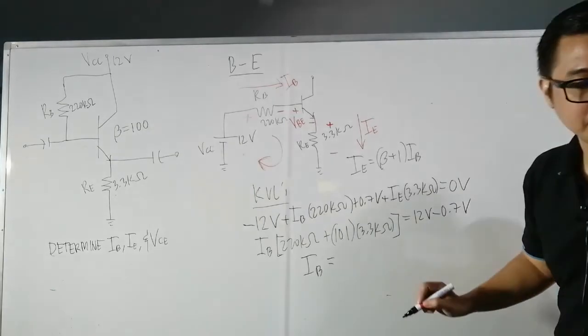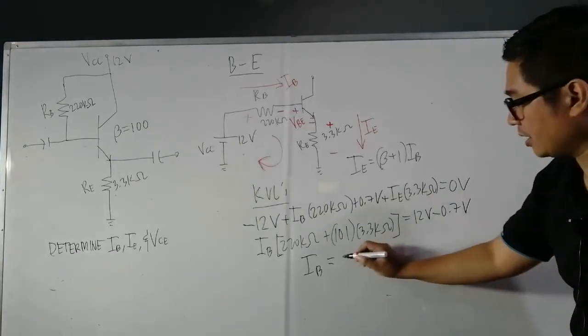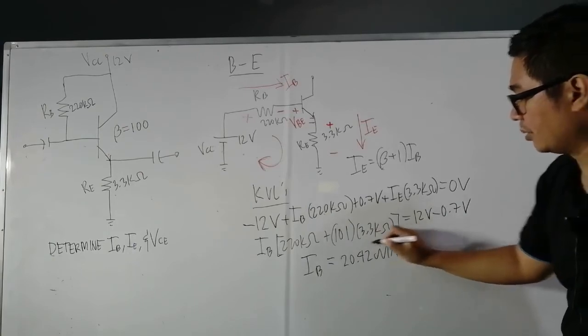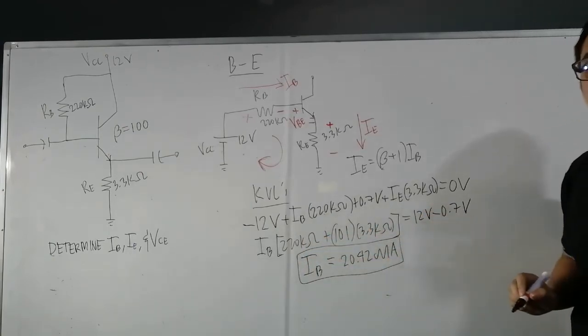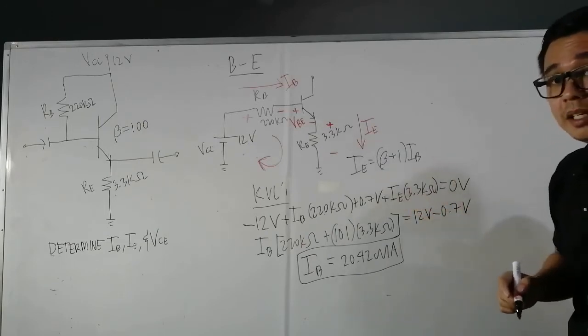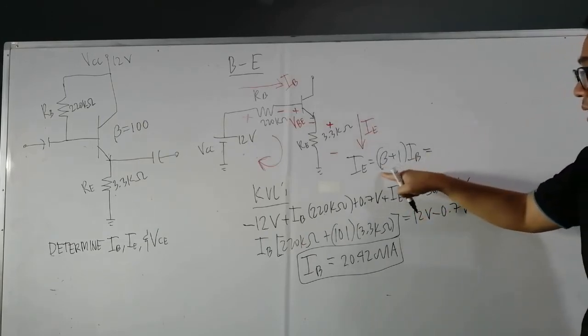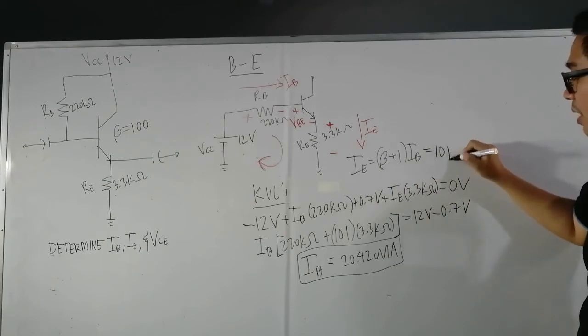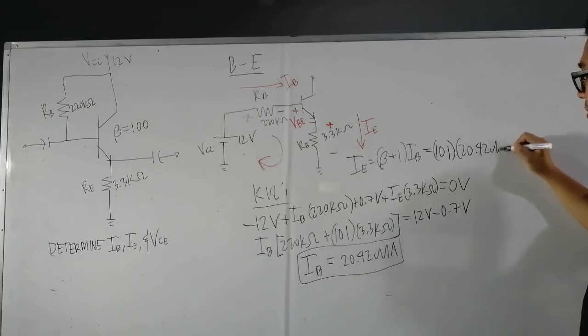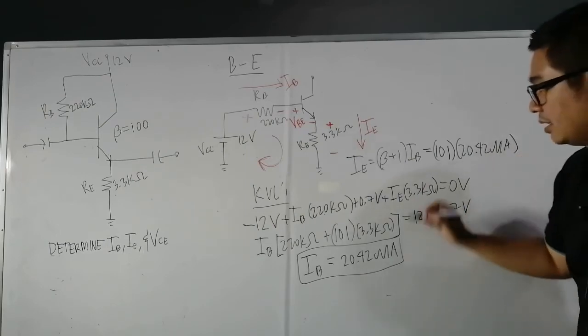Calculating the value for I sub B, we have 20.42 microamperes. Next, we can now solve for IE. Kasi direct substitution lang naman. This is equal to 100 plus 1, we have 101. Multiplied by 20.42 microamperes.